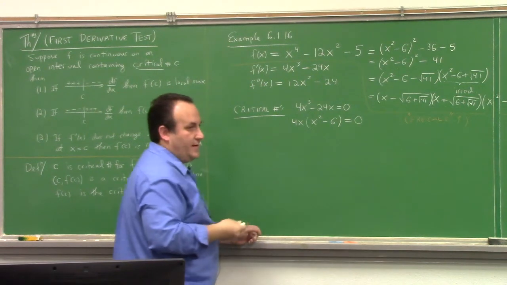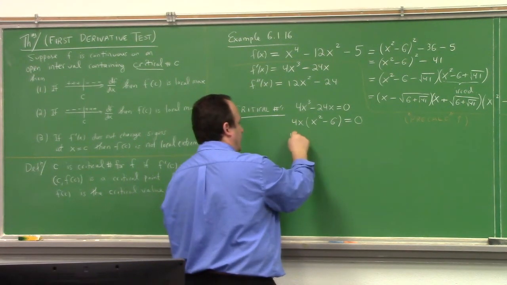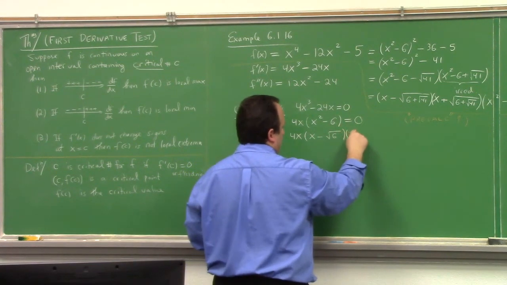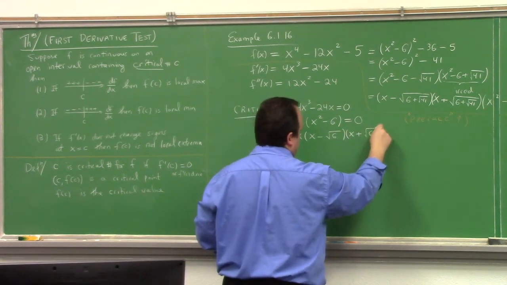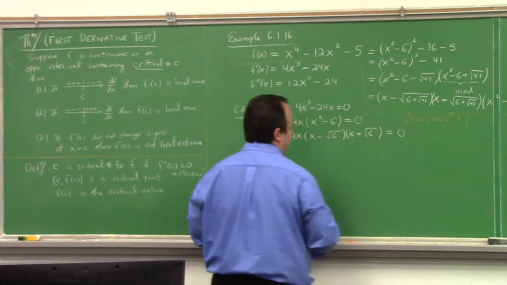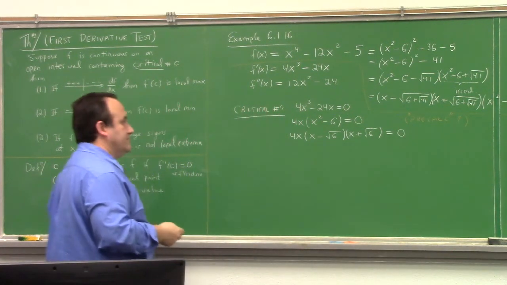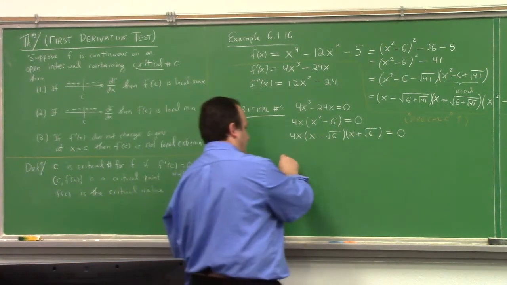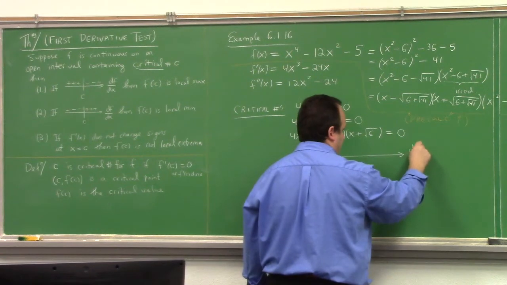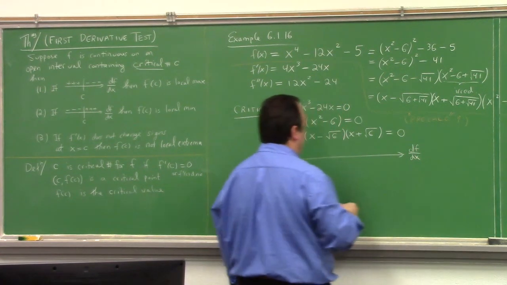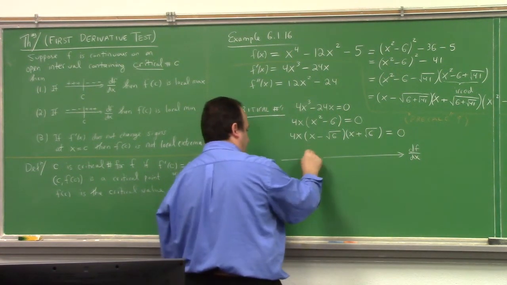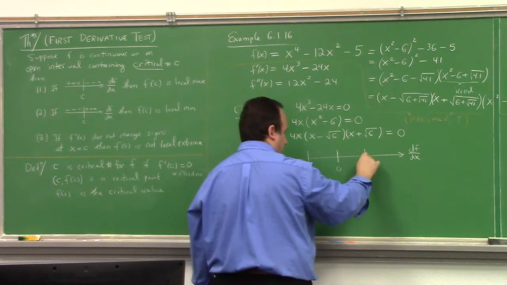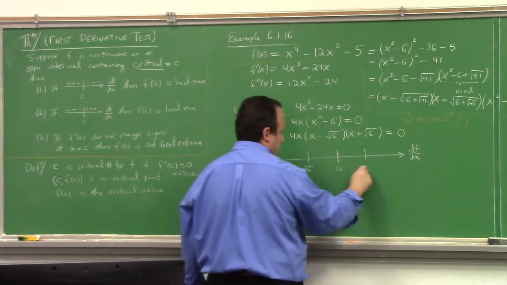Right? And so we've got 4x, x minus the square root of 6, x plus the square root of 6, equal to 0. And so I can draw my number line for the derivative. And I got to worry about square root of 6, 0, and minus square root of 6, rather. Thank you.